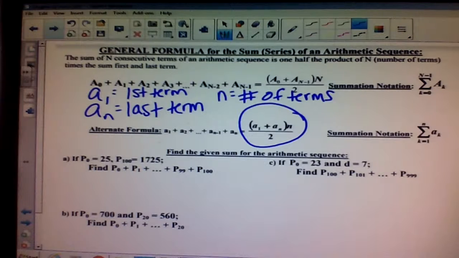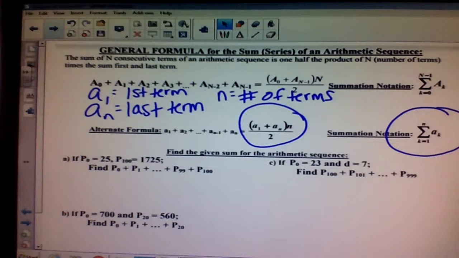There are two ways they can ask you for the sum. They can literally say, give me the sum, or give me the total. Or they can put it like this. That fancy E stands for summation notation, which means find the sum. For instance, look at C. I can write C in summation notation.